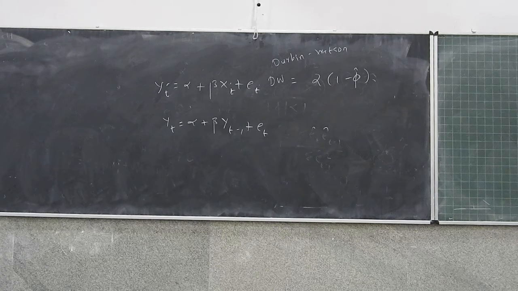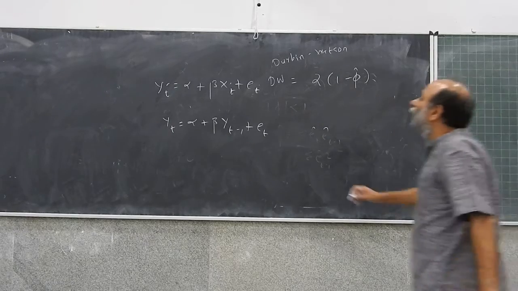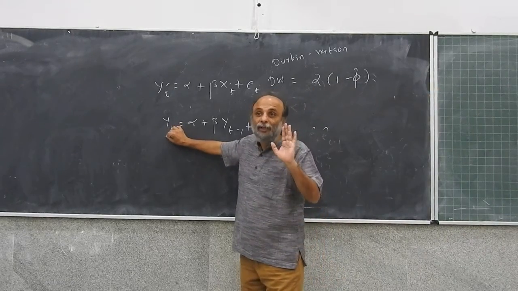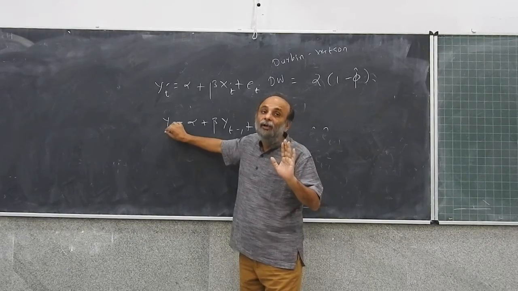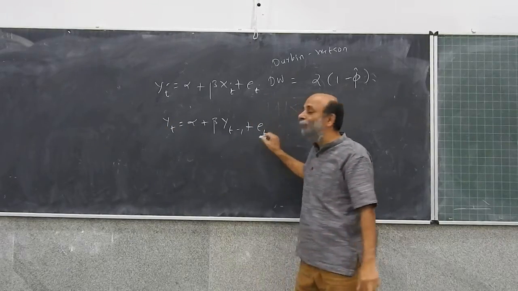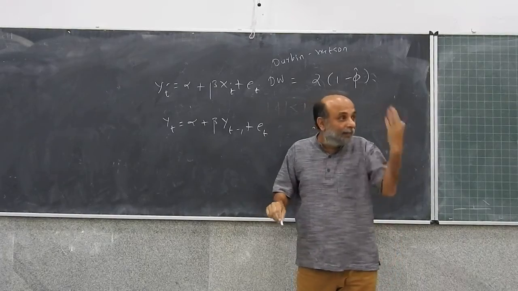If you have lagged variables, OLS will definitely be a problem. Why would OLS be a problem? Endogeneity. Perfect. What can happen is, yt is not a fixed variable, because yt depends upon et. So yt is a random variable.